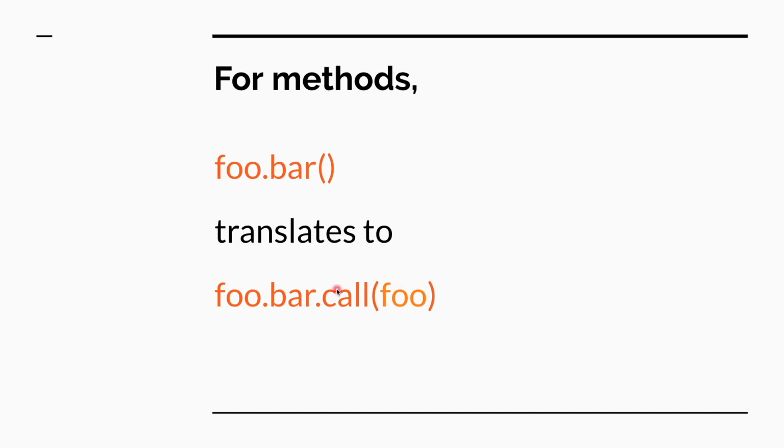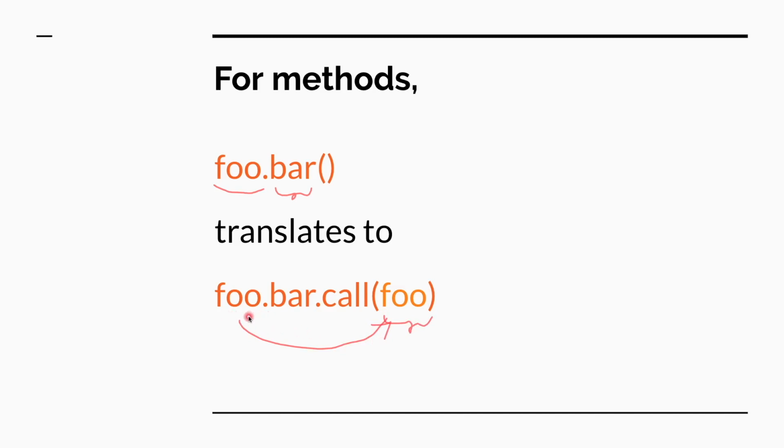Okay, so in this case, because it looks like the left hand consists of an object foo and then some function or method within that called bar, the language decides that okay, we're going to call this function foo.bar, but this value is going to be whatever was in the object part of that structure.